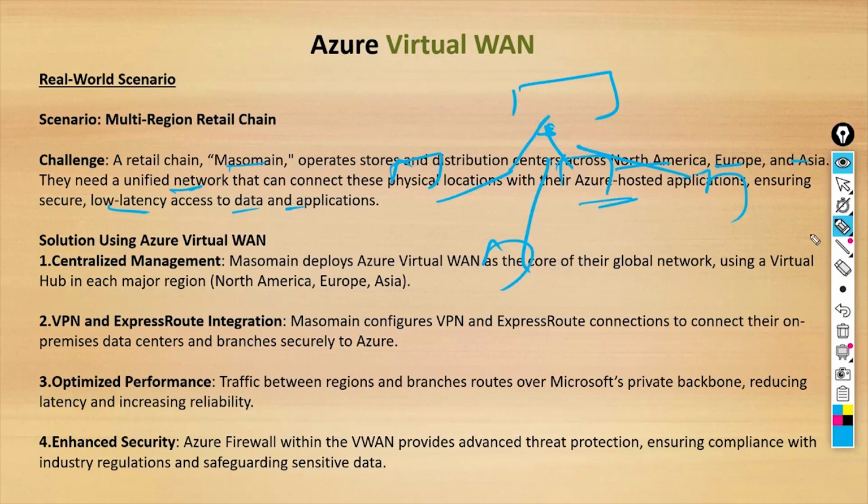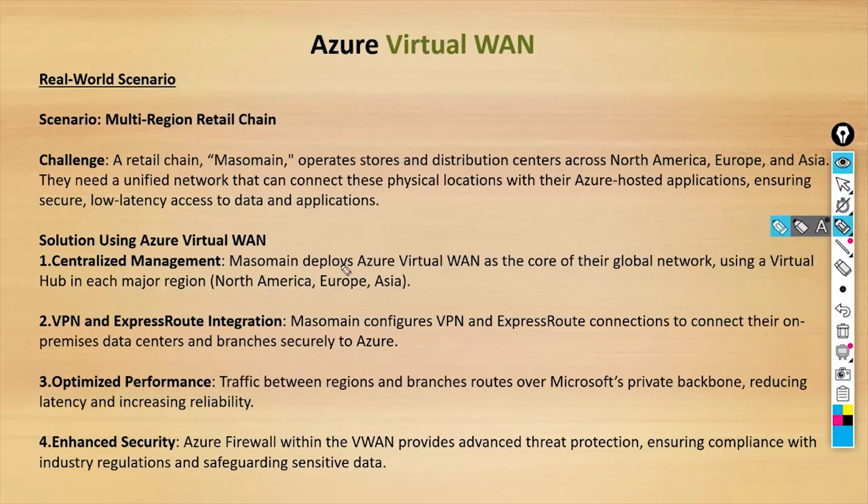Now, what I can do here is utilize the VWAN service. With VWAN, the first thing I get is centralized management, so that requirement is going to be met. I can use VNet, VPN and ExpressRoute, so across the connectivity, the different VNets and VPN sites are going to connect with VWAN. Enhanced security is also there, as I'm introducing a firewall with my VWAN.